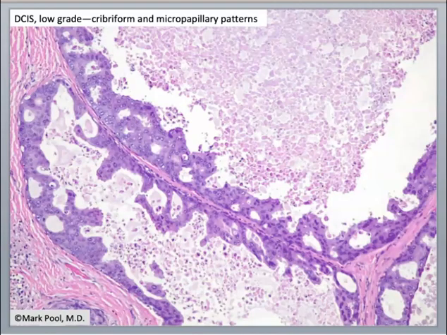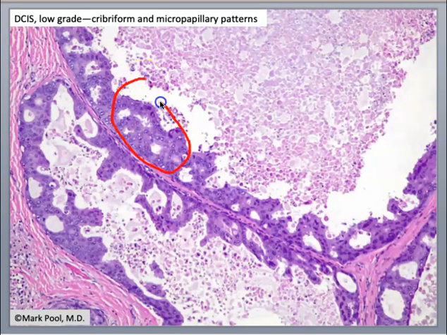This is just a higher power view, again showing this cribriform type architecture as well as these slender micropapillae. Even at this power you can see the nuclei, and these cells are larger than normal luminal or secretory type ductal epithelial cells. We'll see this a little bit more in high power.